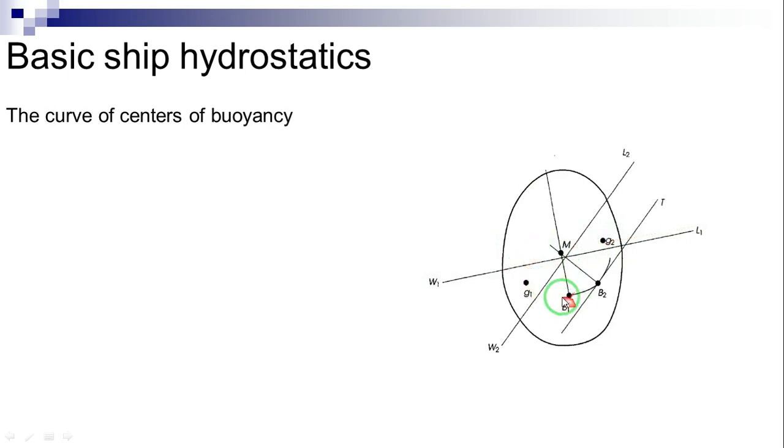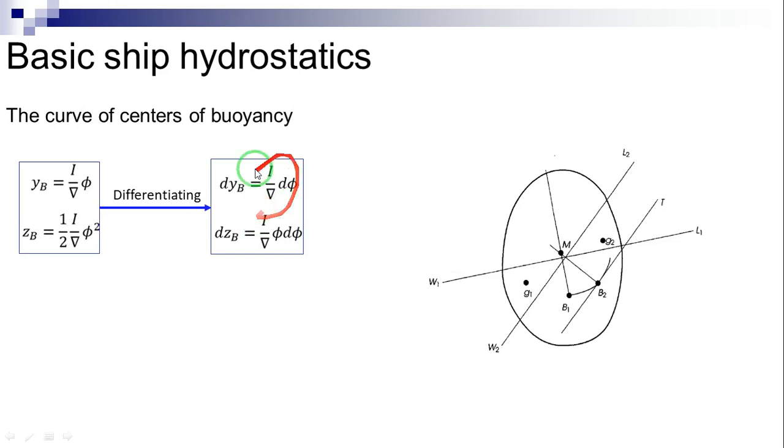Let us assume that the inclination increases by an additional small angle dphi. Let the new waterline be W2L2, and the corresponding center of buoyancy B2. For a small angle, we can write the coordinates of the new center of buoyancy as shown here. Differentiating these equations gives these equations.